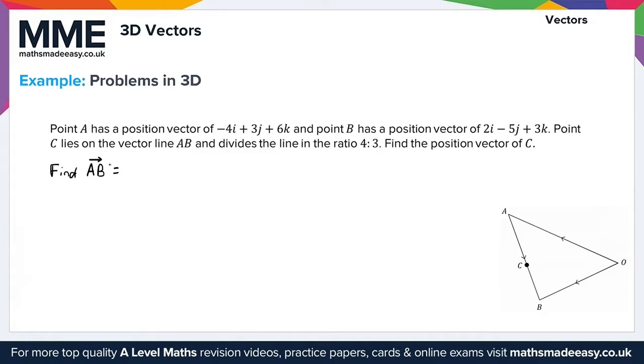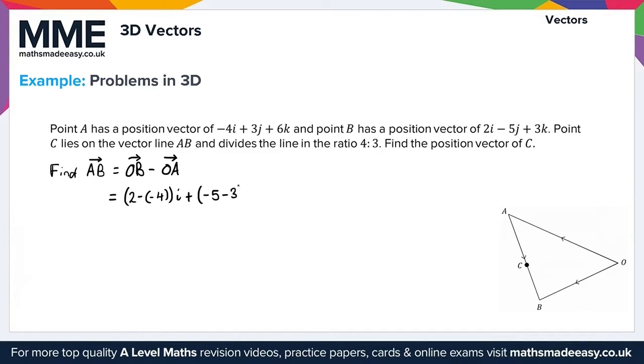To find the vector AB, that's going to be the position vector of B minus the position vector of A. OB is this position vector, so it's going to be 2 minus 4 for our i component. Do the same for the j component: minus 5 minus 3.